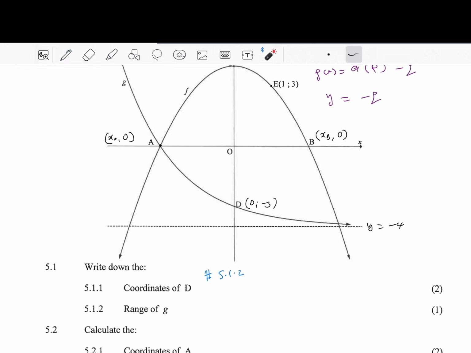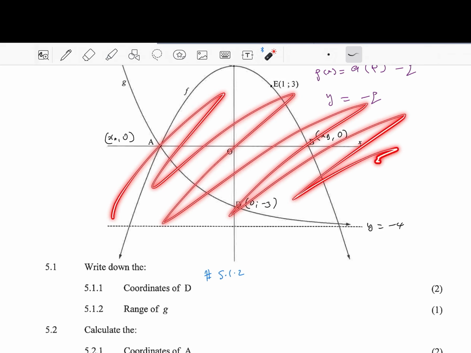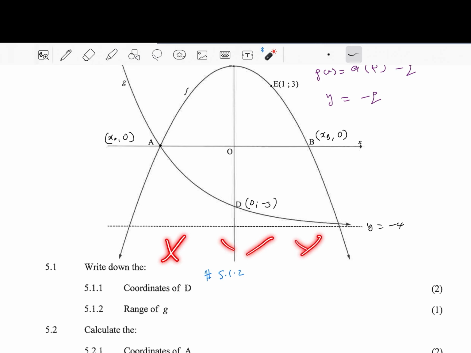If you're looking at this G here, it can't exist below here. It can only exist from y equals negative 4, or from the asymptote going up. That's the range. It cannot go below the asymptote.